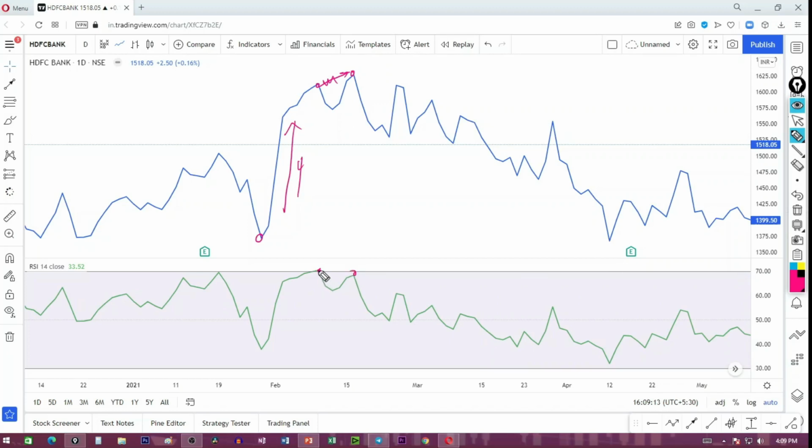RSI makes same time lower high, and finally this upside move end and trend change, price will come down. Price come down, not only come down, sharply come down from 1600 to this level around 1375.